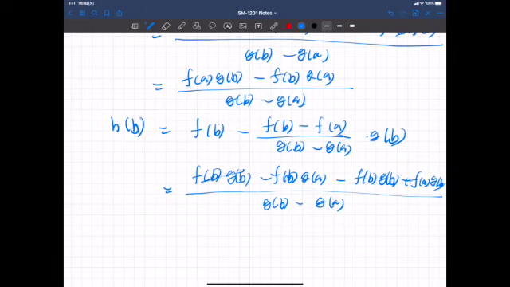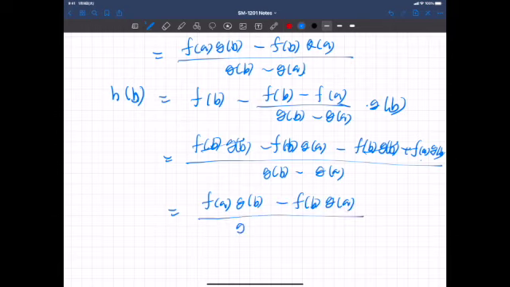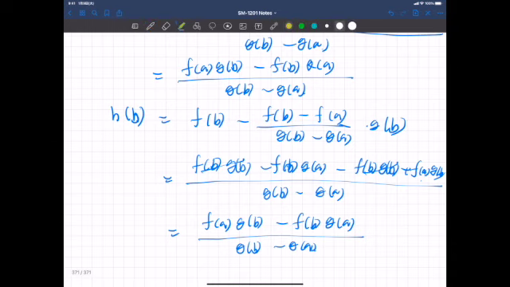And this is cancelled by this, so we have f a g b minus f b g a over g b minus g a. And if you compare the two values, they are equal. So this is equal to h of a.